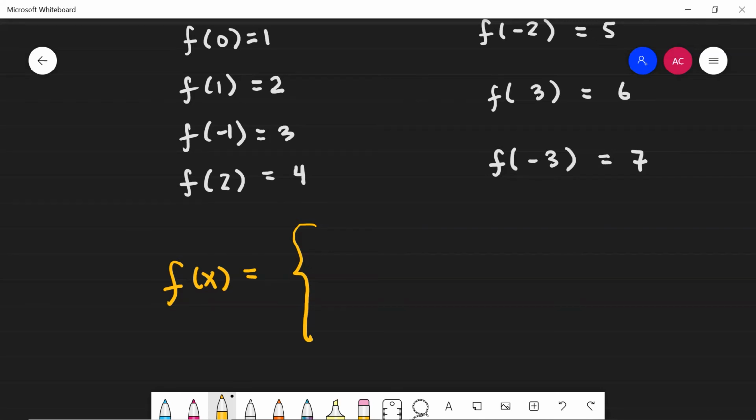I'll probably be able to include that inside the case when x is negative. But if x is strictly positive, I just take 2x. So this is when x is an integer and it's greater than or equal to 1. The output of this function is 2x. Now let's look to see what happens if x is less than or equal to 0.